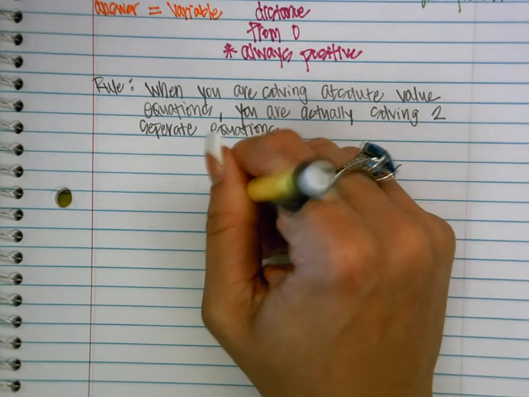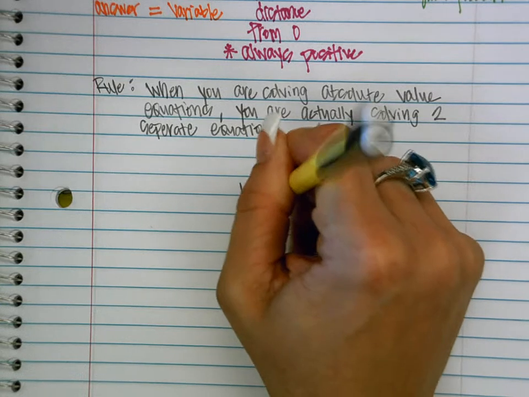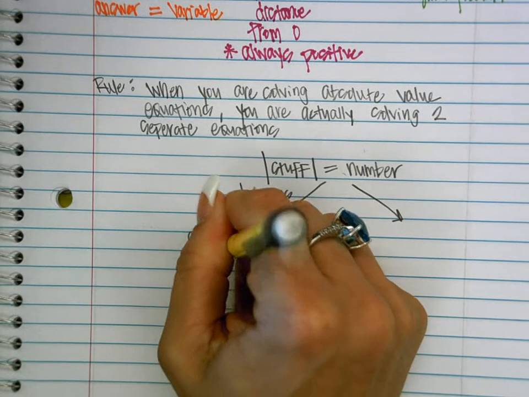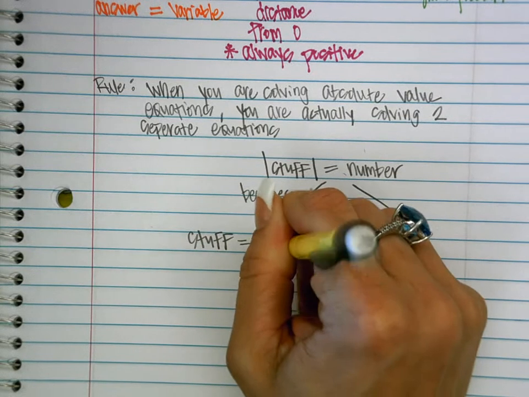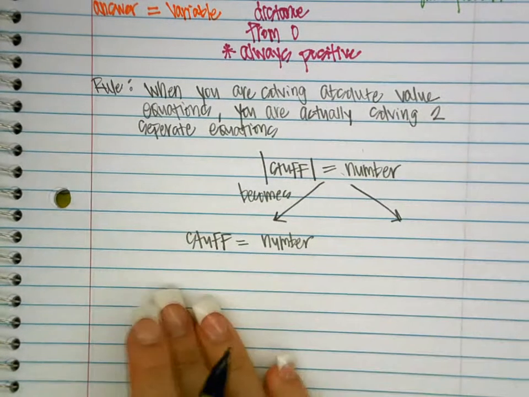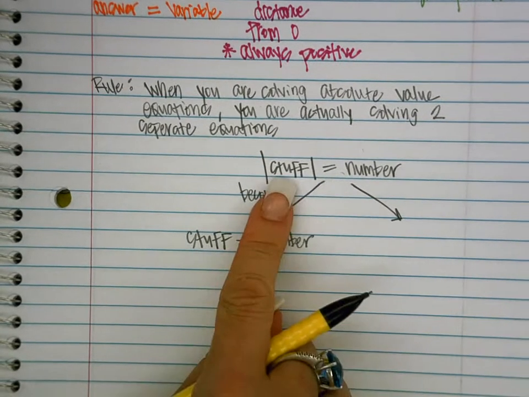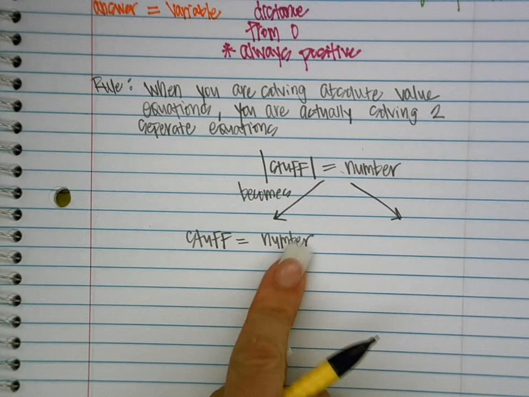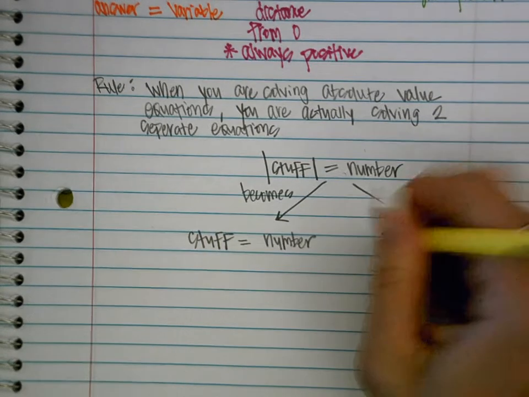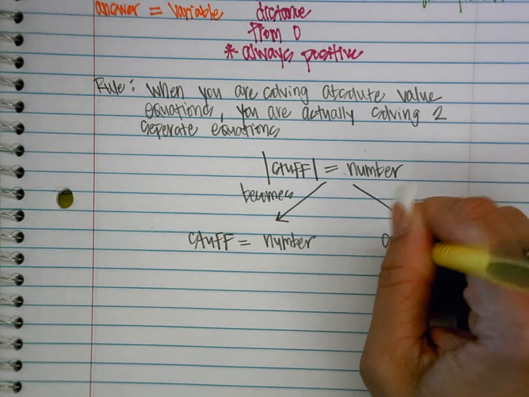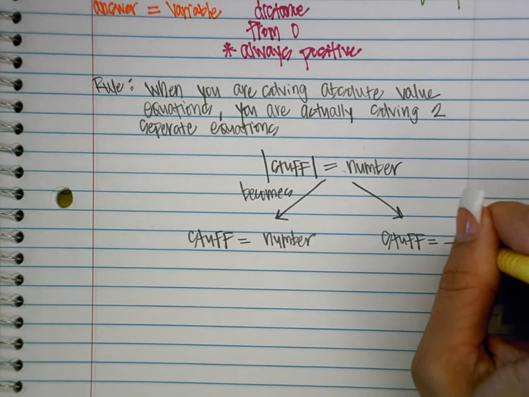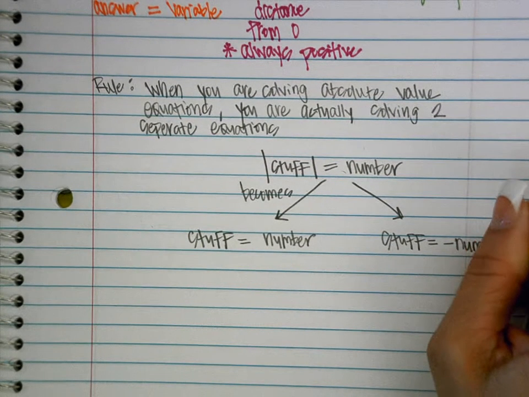So that becomes whatever the stuff inside was equal to the number. So basically the first equation that you're going to make is just dropping the bars and rewriting exactly whatever was inside the bars equal to exactly whatever the number was. The second equation changes just barely to be the stuff inside equal to the negative number.